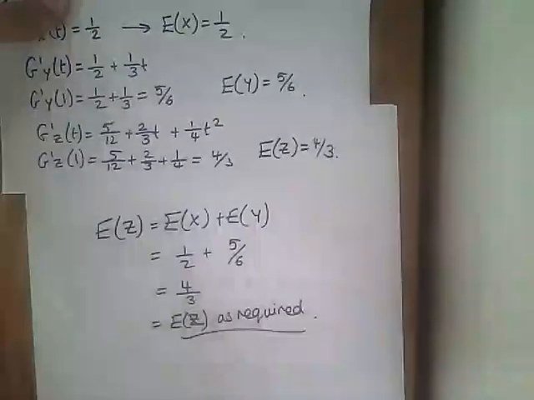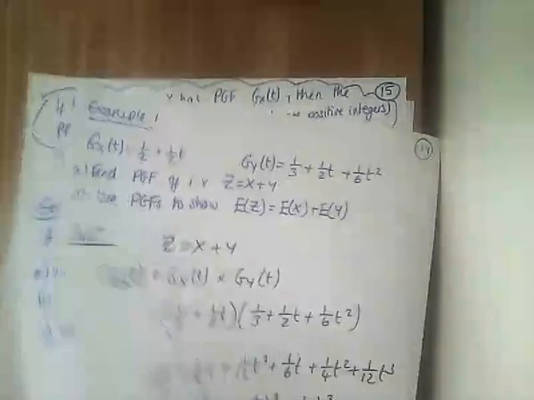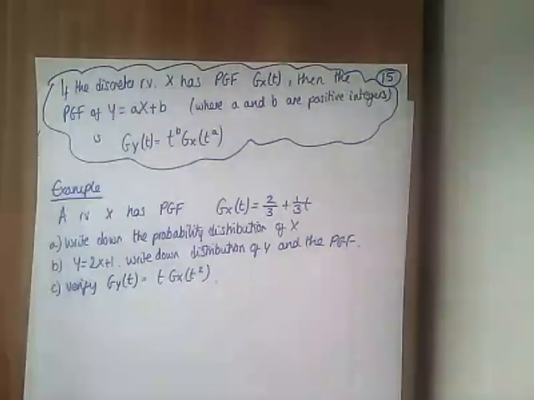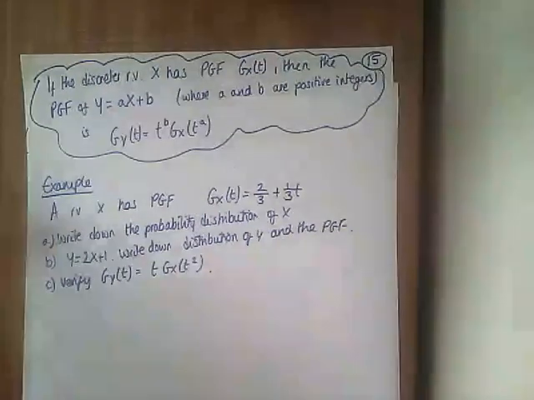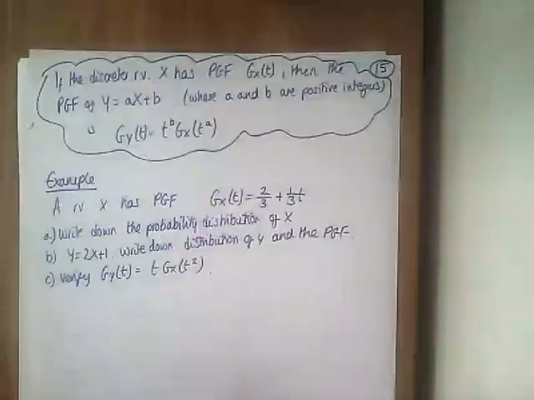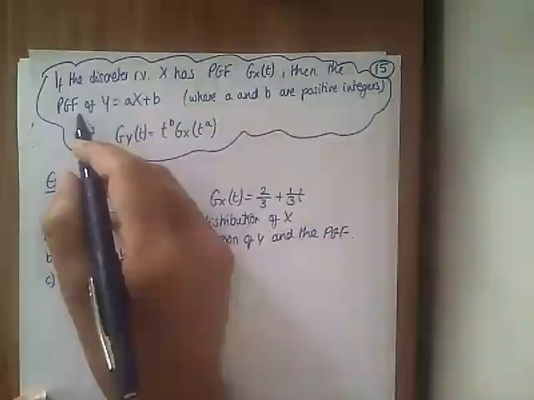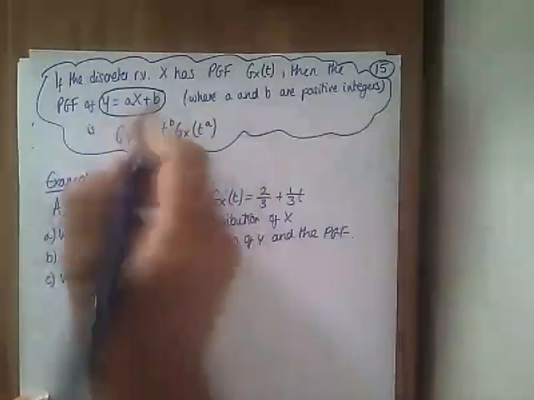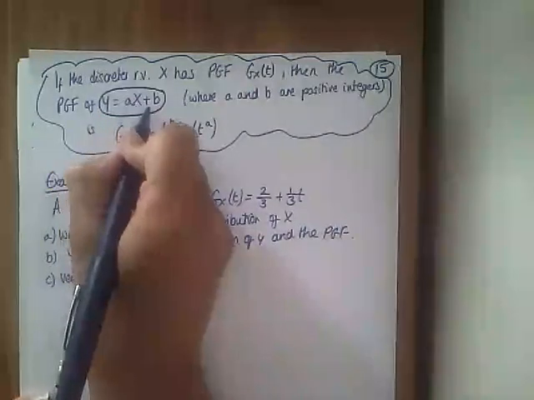Okay? Right, second example. Our last example is on something slightly different, but not too different. It won't take me very long at all. So there's a discrete random variable x and it has a PGF gx of t. Then the PGF of y, and this y is not the sum of two variables, it's a constant times a variable plus a constant on the end.